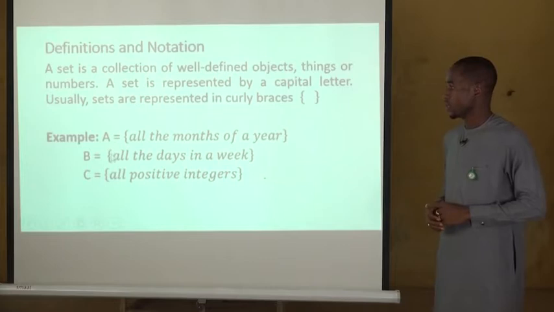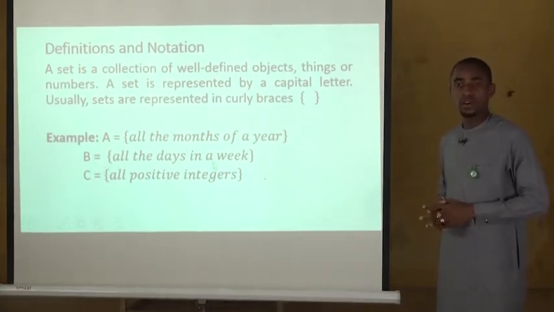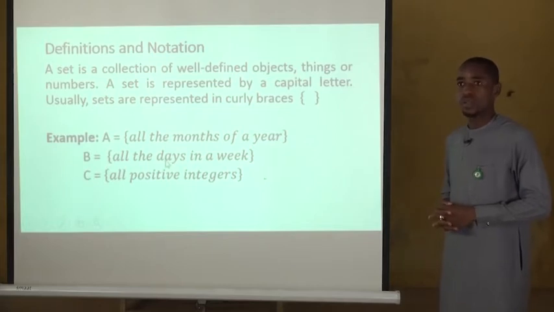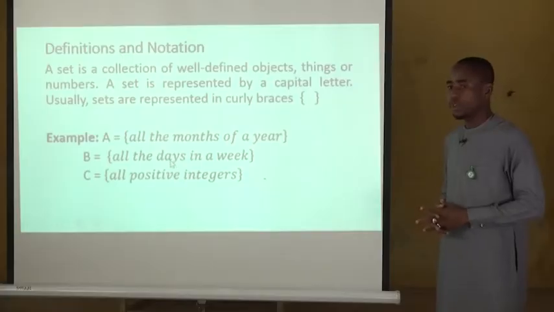Then set B, set of all the days in a week. All days in a week we refer to as Monday, Tuesday, Wednesday, Thursday, Friday, and Saturday. Set B is also well-defined.